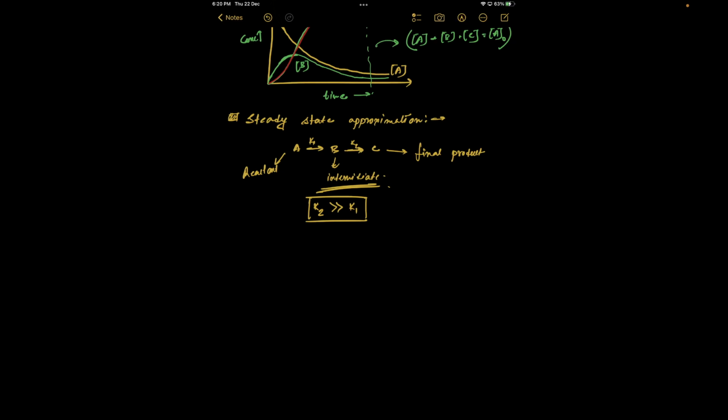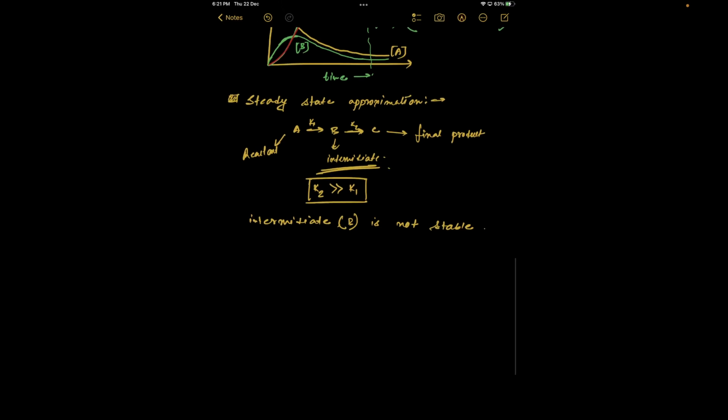That means whenever B molecules form from the A molecules, the B molecules simultaneously form the C molecules. So the intermediate, here it is B, is not stable.